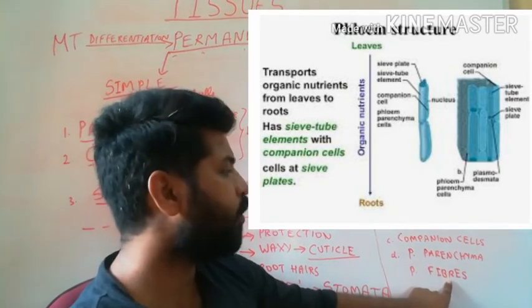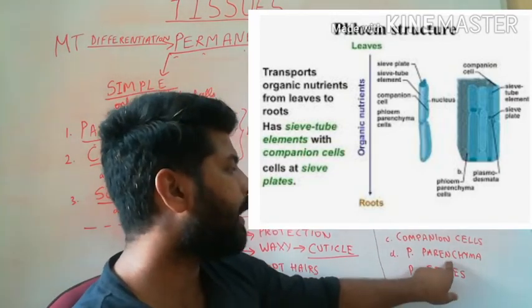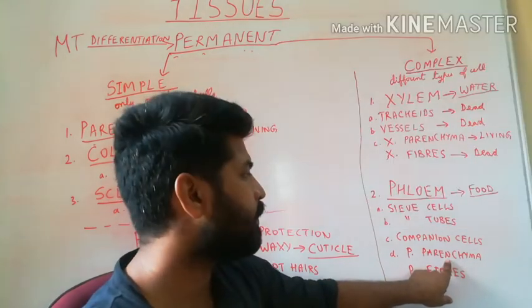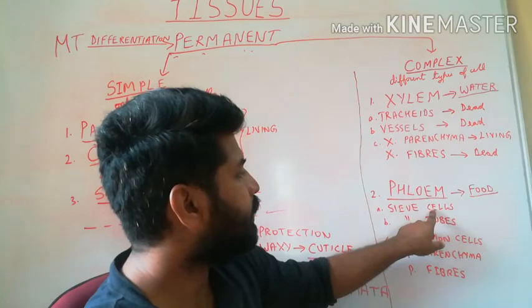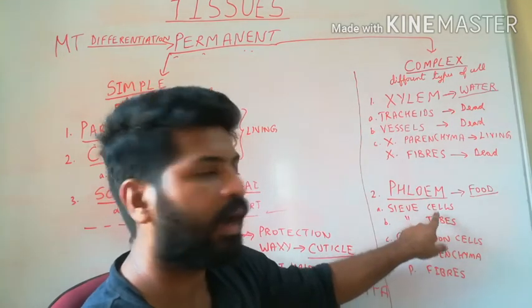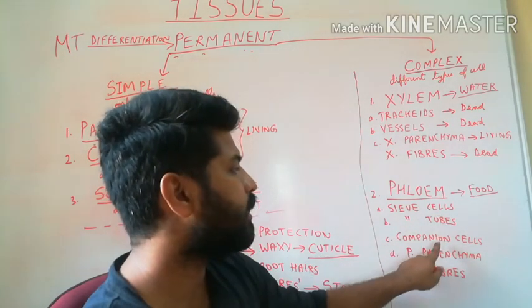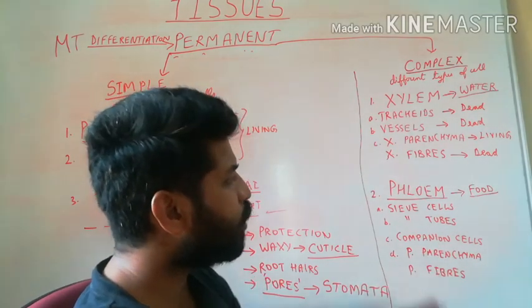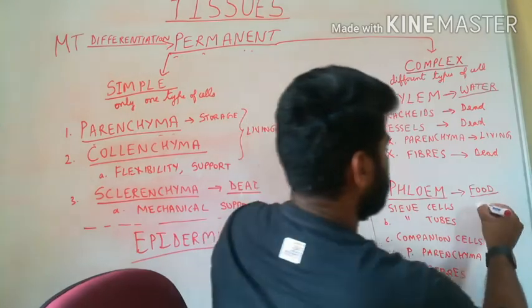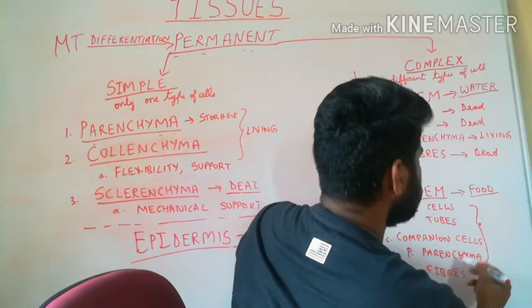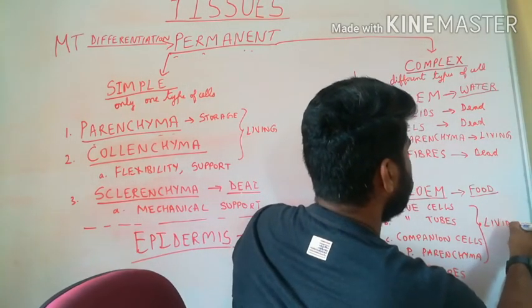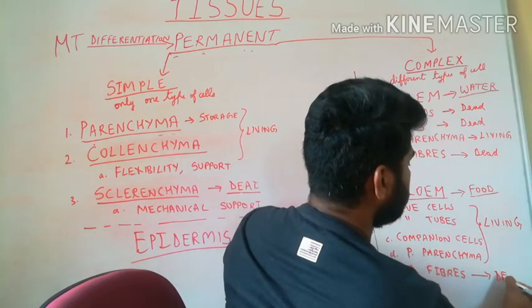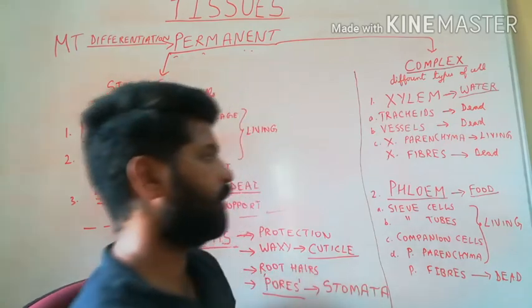Fibers, once again, for providing strength and support. Parenchyma is storage tissue. It stores some of the starch, and these are mainly for transportation of the food, which are helped by the companion cells. In the case of phloem, the 4 cells are living, whereas only phloem fibers are dead.